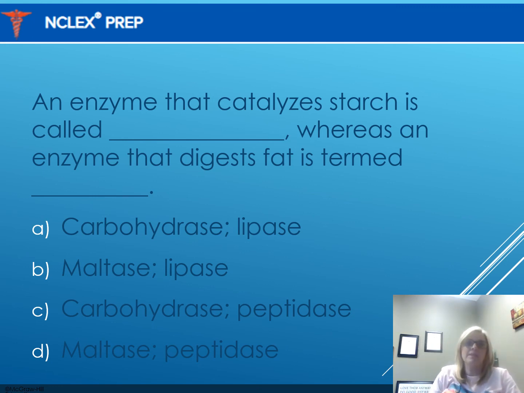And then peptidase is coming from peptide, so that's a protein. So what is the correct answer here? Well, it's going to be A. An enzyme that catalyzes starch is carbohydrates for carbohydrate, so we know it's going to be A or C. And an enzyme that digests fat, well, the only thing here that is talking about fat is what? Lipase. So then it's got to be A.